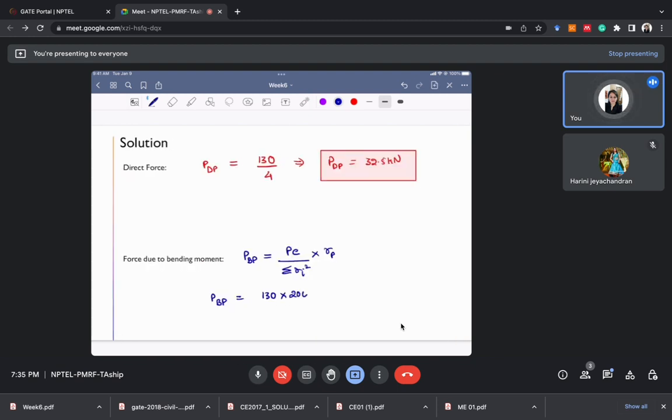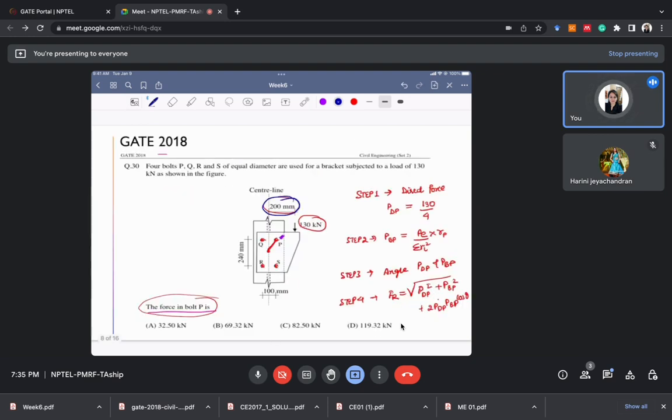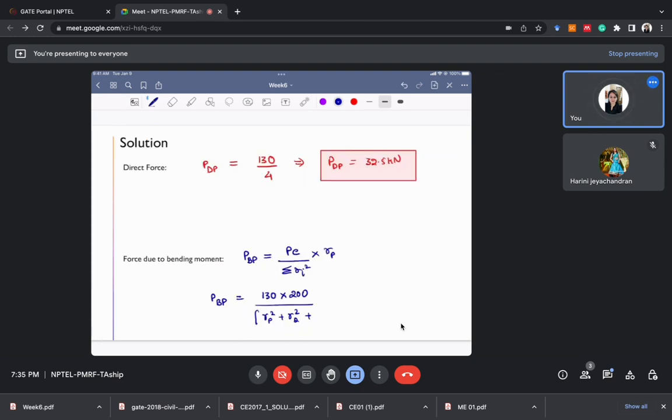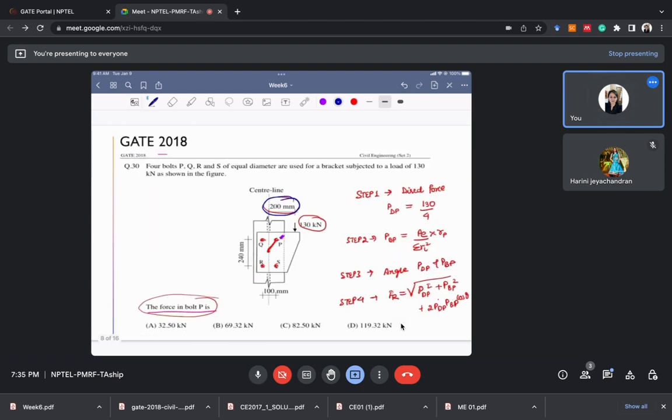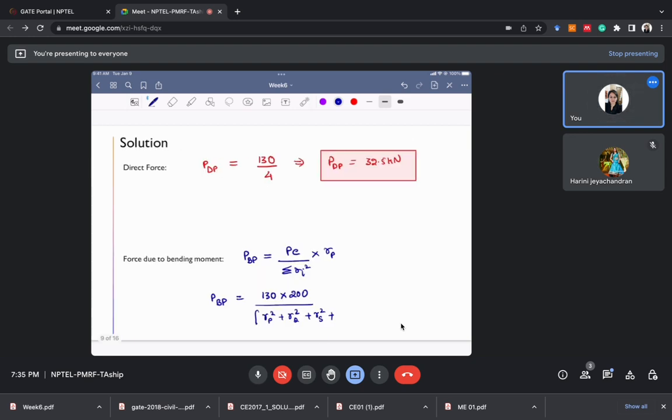So it will be 200 mm divided by summation of Ri square, which means Rp square plus Rq square plus Rr square plus Rs square, multiplied by Rp, the bolt in which we need to calculate. So then we need to know the values of Rp, Rq, Rr and Rs.